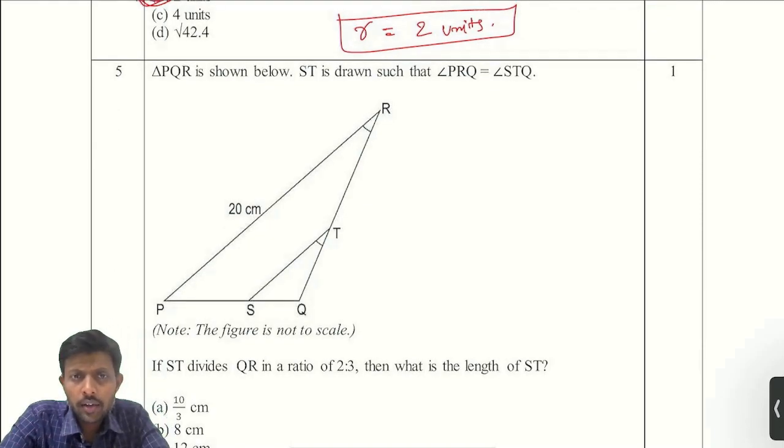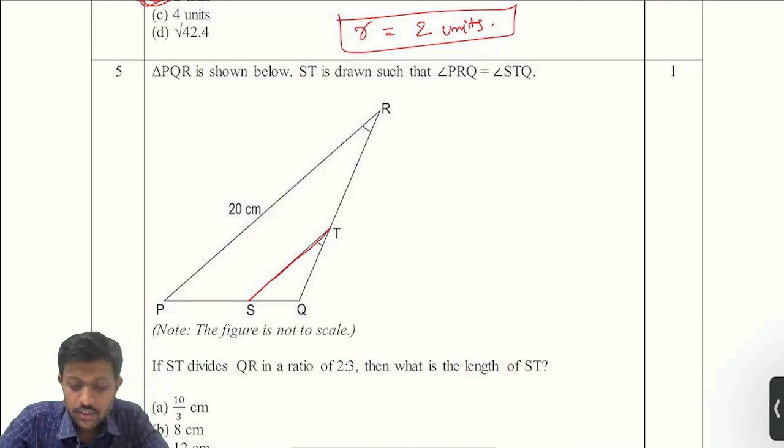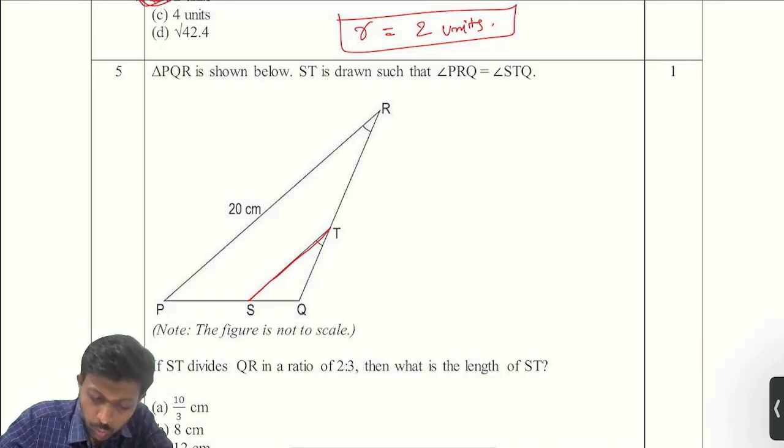Triangle PQR is shown below. ST is drawn such that angle PRQ, that means this angle, is same as angle STQ, that means this angle.